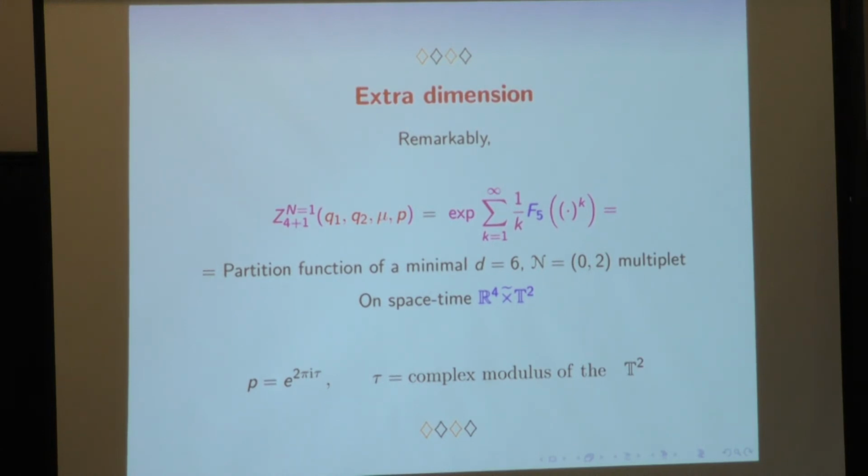And now the fugacity for the number of D0 branes, or for the number of instantons, becomes the complex modulus of this torus. Remarkably, the (0,2) theory in 6 dimensions is believed to be a superconformal theory, for which in general we don't have a Lagrangian.